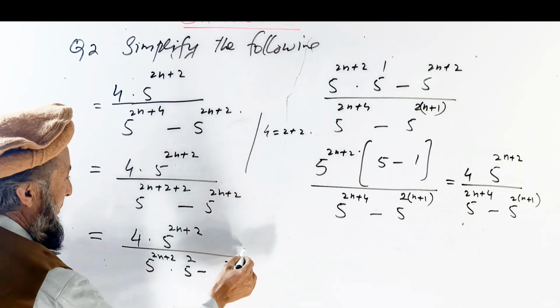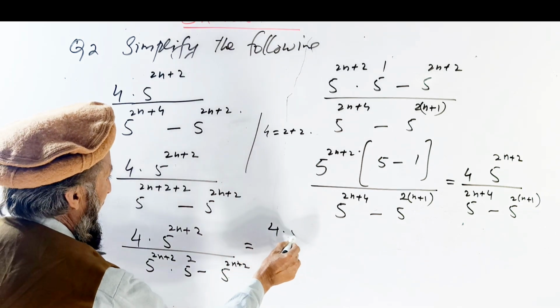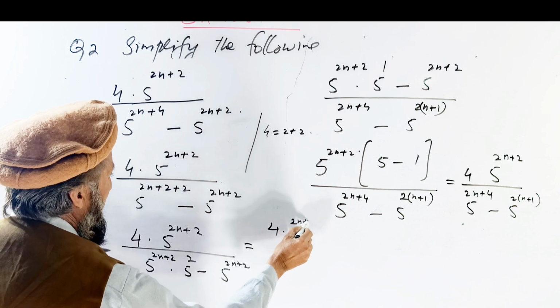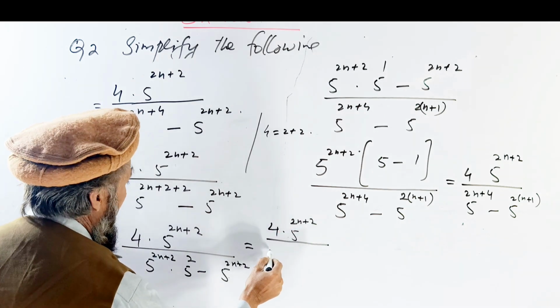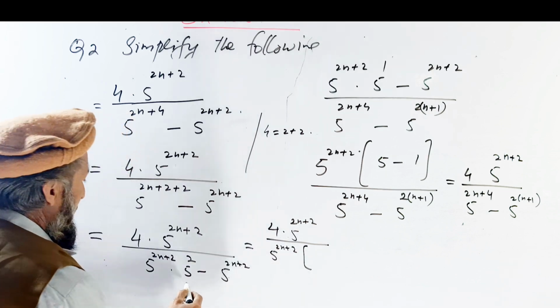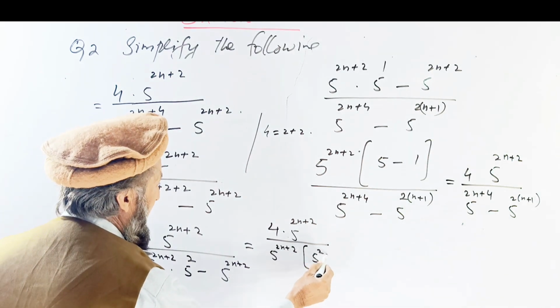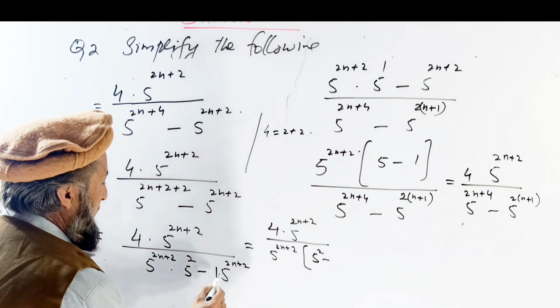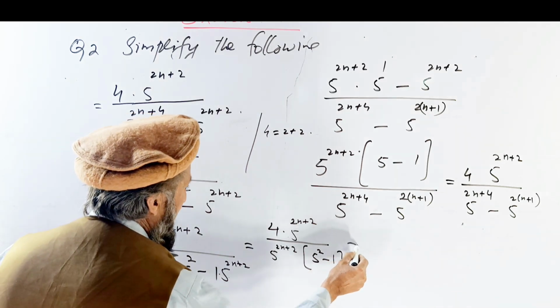Now we take common, this term is common: 4 into 5^(2n+2) divided by 5^(2n+2) is common here. So here is 5 square minus, here coefficient 1 is remaining.